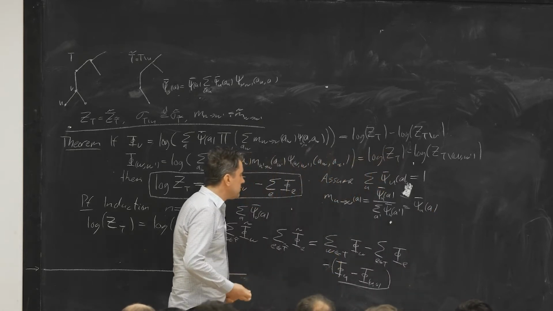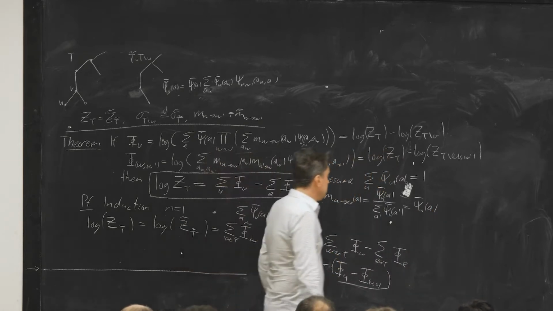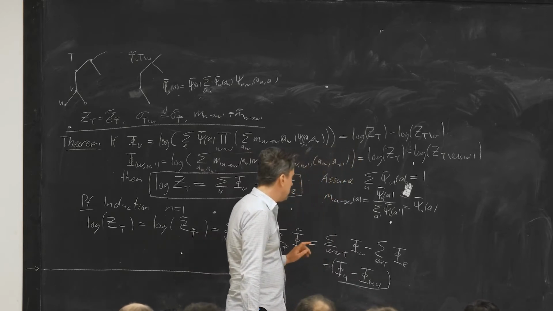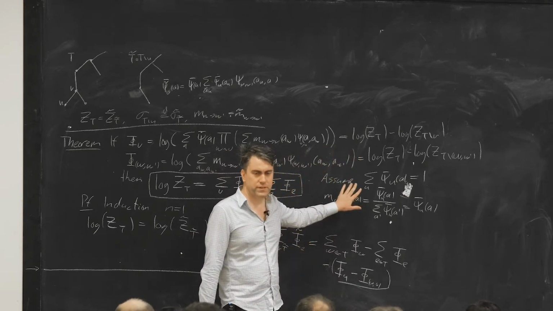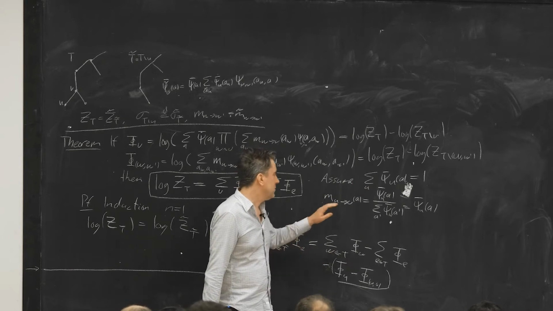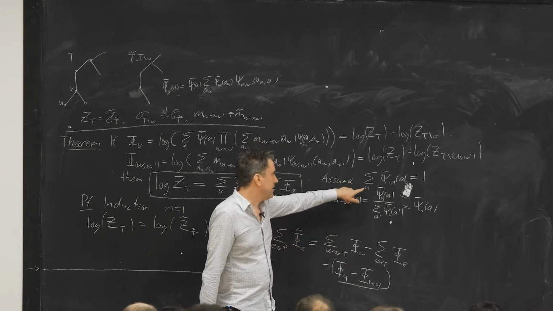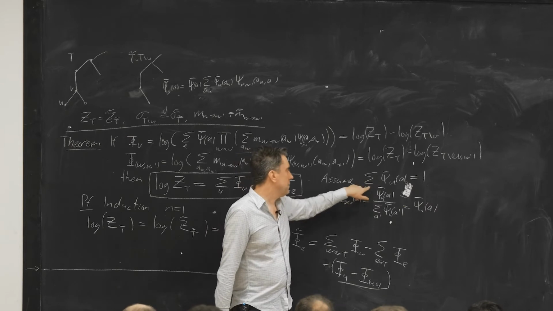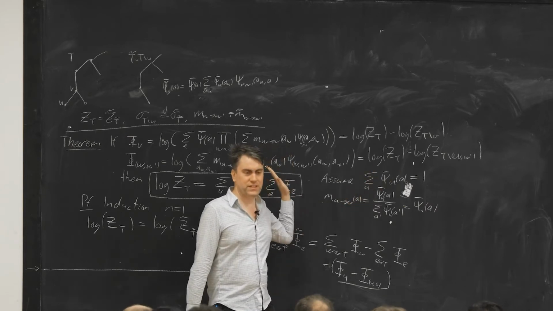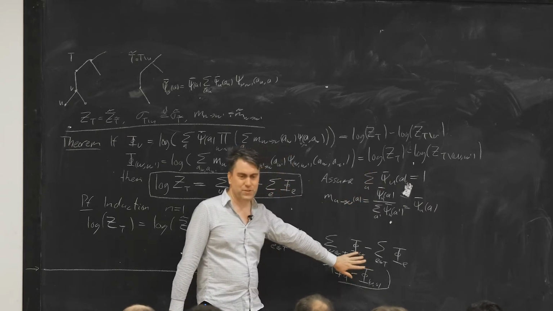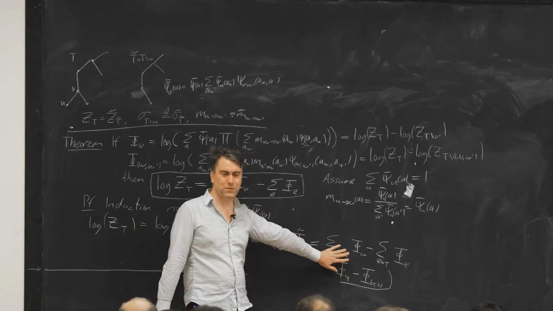Okay. So now you should be a bit suspicious that, since by assuming this it shouldn't change anything, why should it change the proof? Why should this help in the proof?